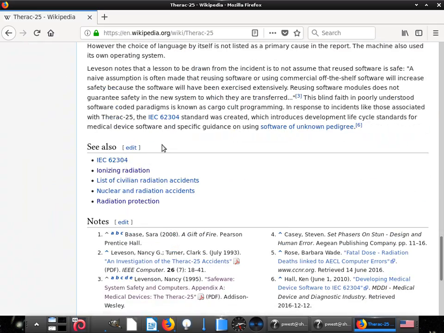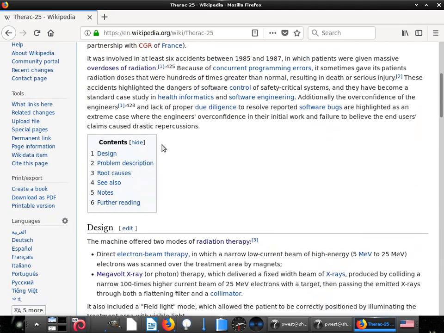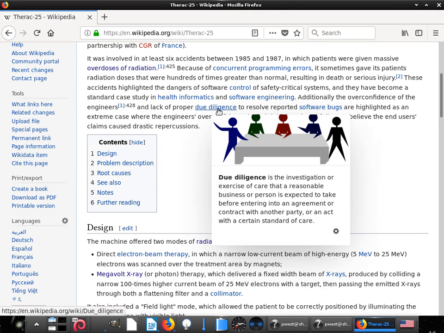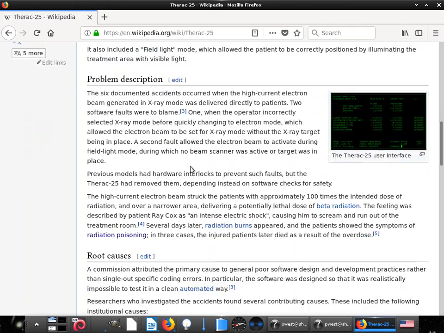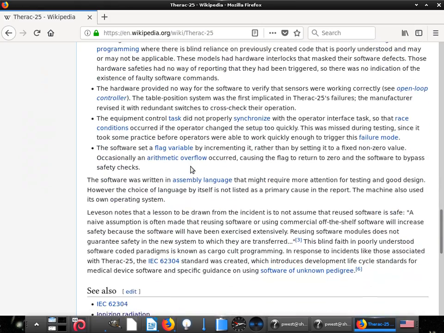Alright, root causes. Let's see. 85 to 87. Good old concurrent programming errors. Hey, look, this word, due diligence. I think it said involved in at least 6 accidents.